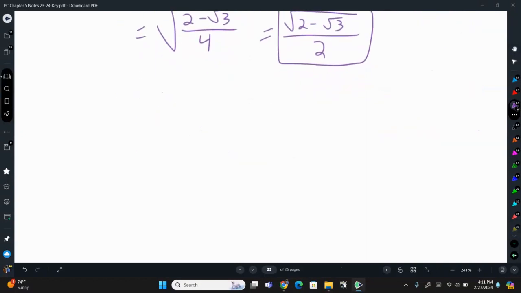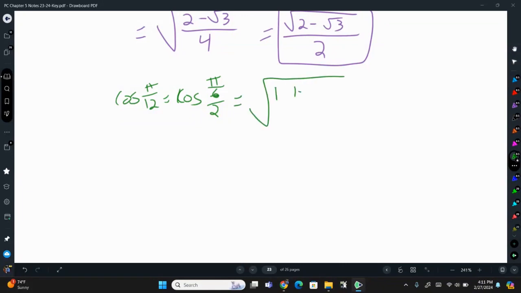Then cosine of pi over 12 is equal to the cosine of pi over 6 divided by 2. So it's going to be the square root of 1 plus cosine of pi over 6 over 2. And again, since we're in quadrant 1, we don't need to worry about a negative in front.